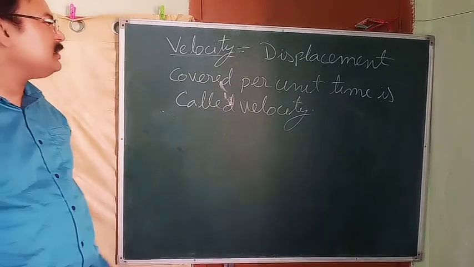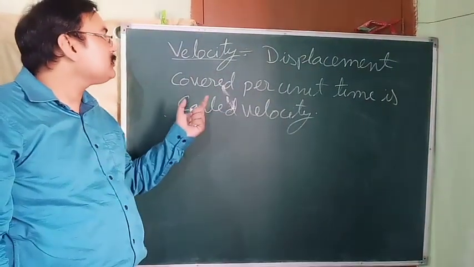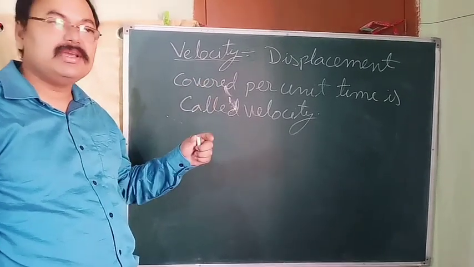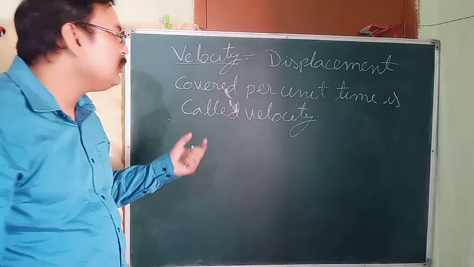Now, see, is it a vector quantity or scalar? Because displacement is coming, it is a vector quantity. Time is a scalar quantity. As you have got one vector quantity, so what we find?